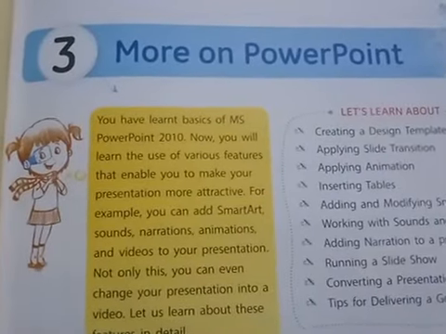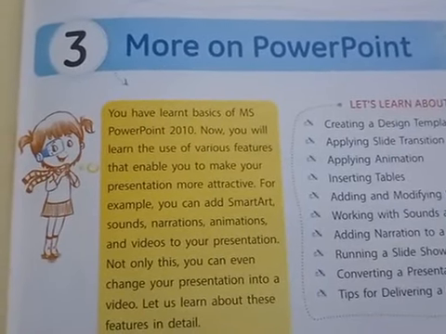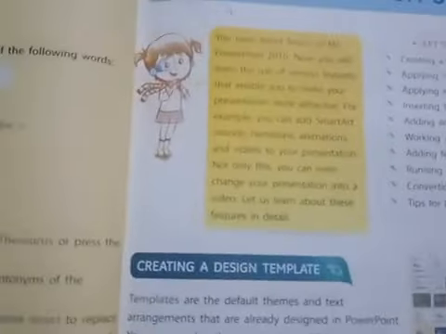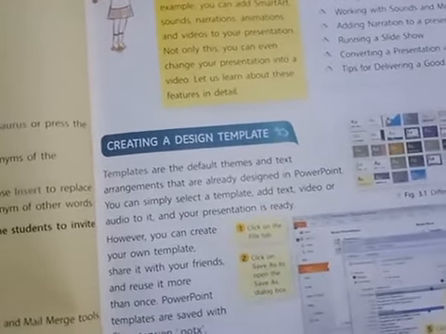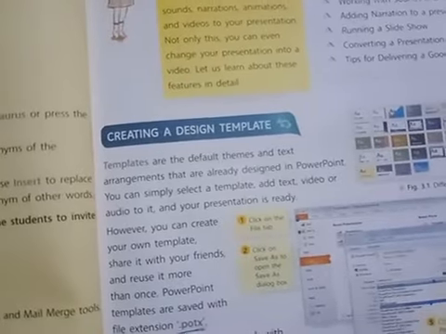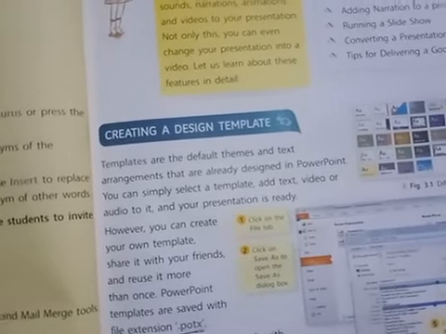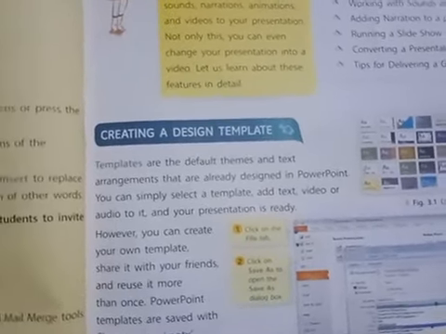Sixth standard. Today we start the next chapter, number 3, more on PowerPoint. Beta, what is PowerPoint? PowerPoint is a software which helps us to display our ideas to others in a very attractive way.